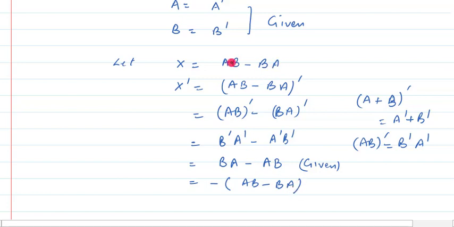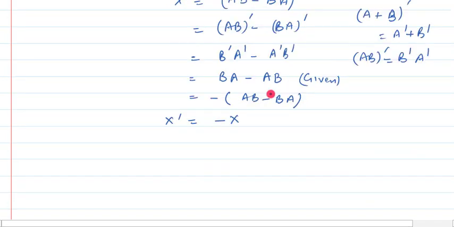Now we have started with AB minus BA as X and we are now at AB minus BA with a negative sign, means we can write it as minus X. So we have proved that X transpose is equal to minus X and clearly AB minus BA is a skew symmetric matrix.